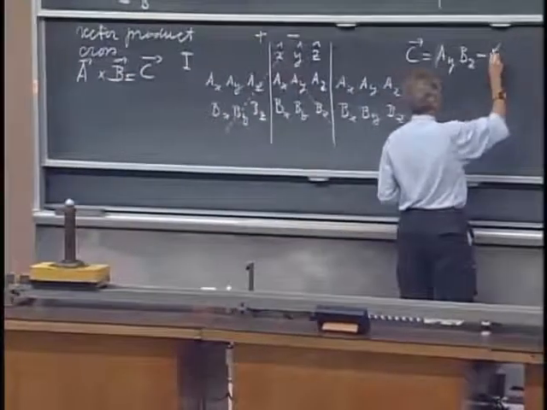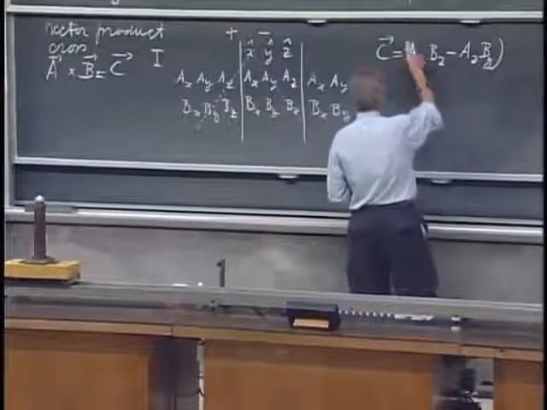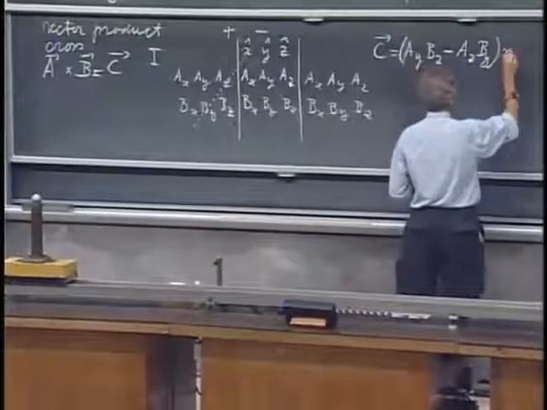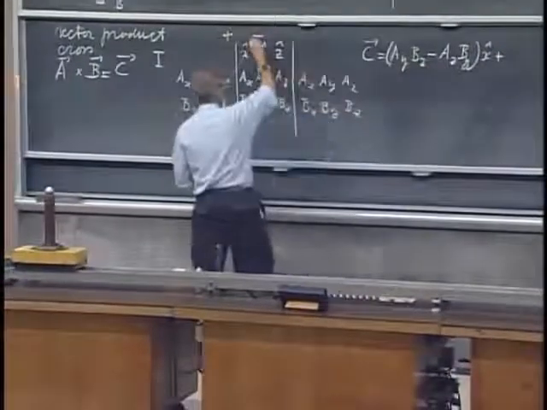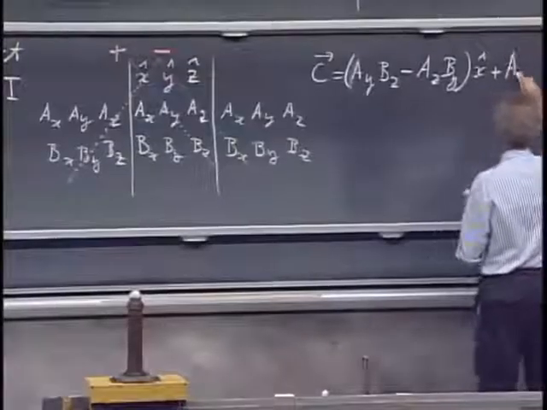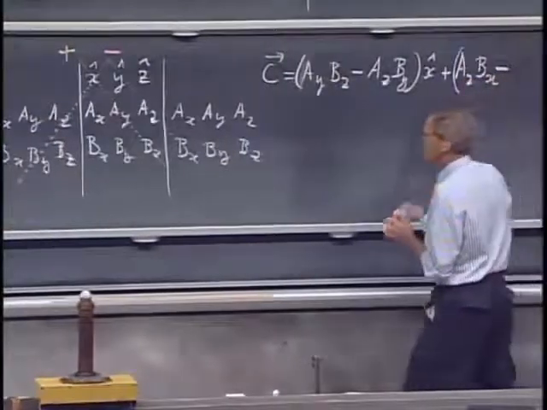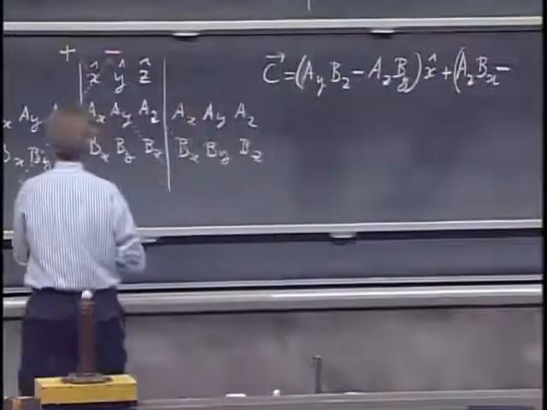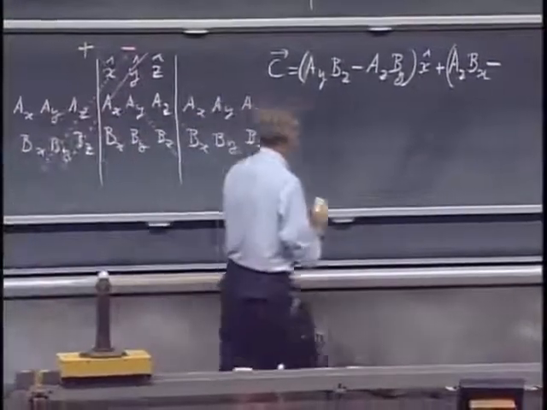So it is minus AZBY, and that is in the direction X. The next one is this one, AZBX, minus this one, AXBZ.